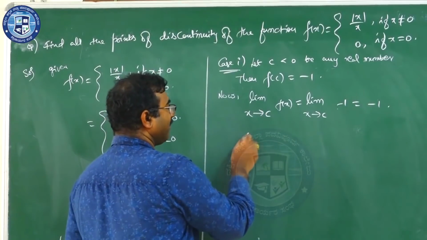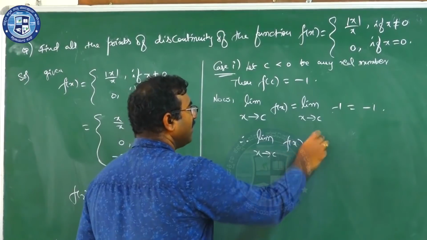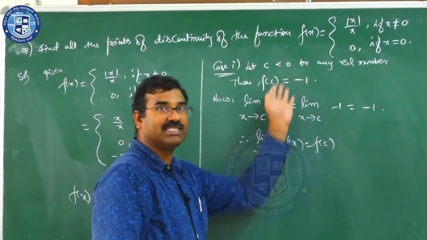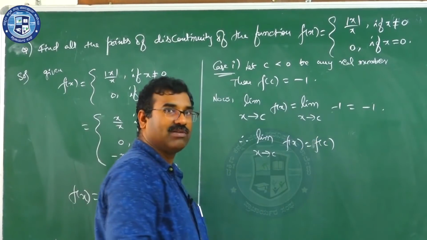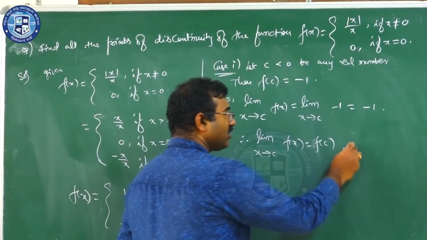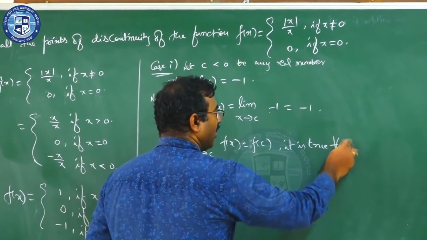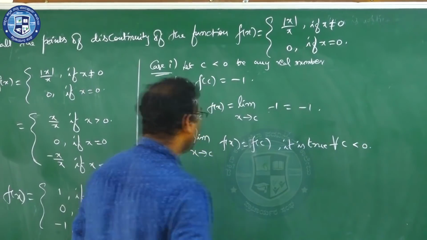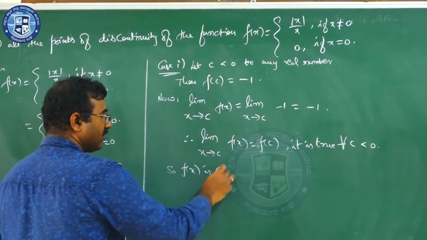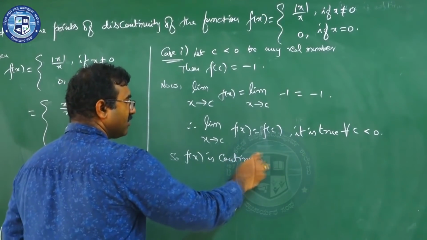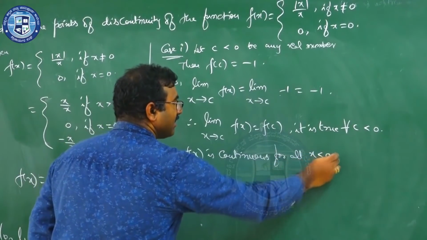Therefore limit x tends to c, f(x) is equal to f of c, because the limiting value is the same as the functional value. This is true for all c less than 0. So f(x) is continuous for all x less than 0.